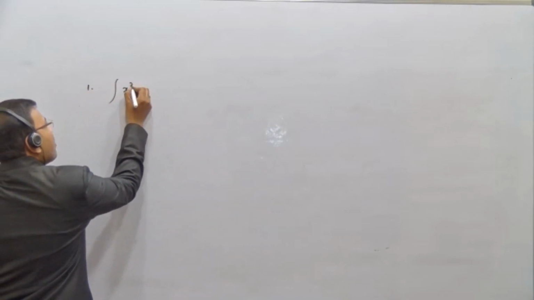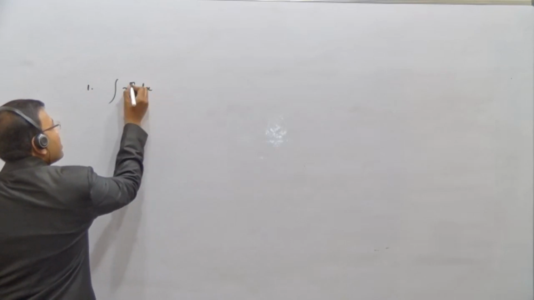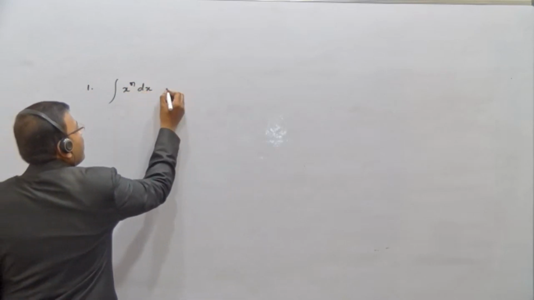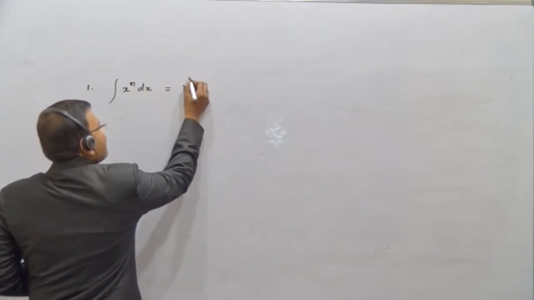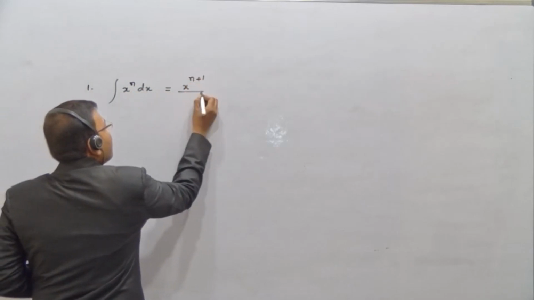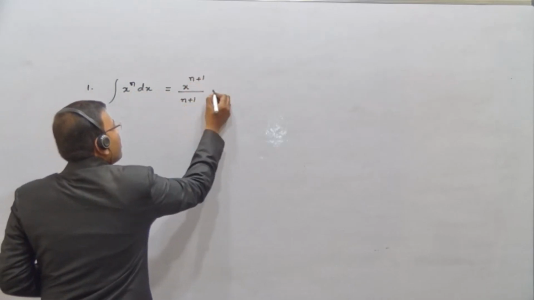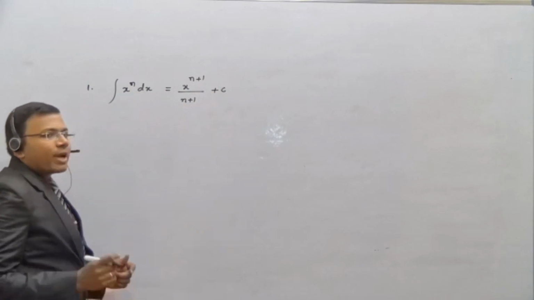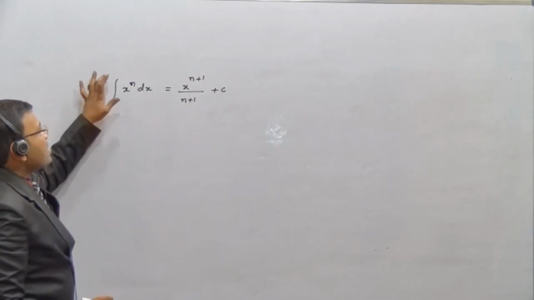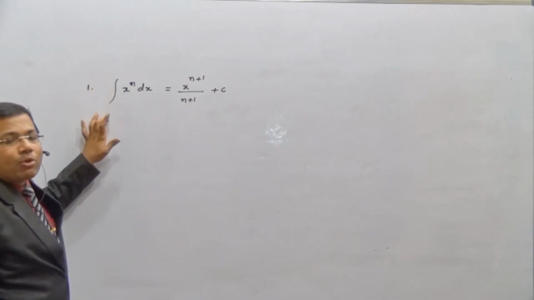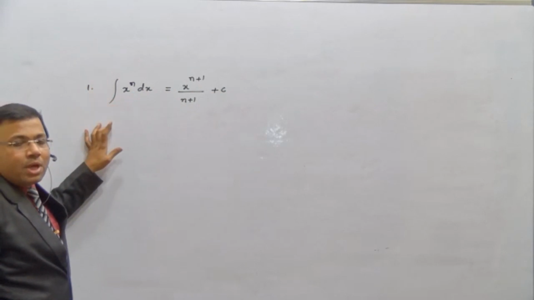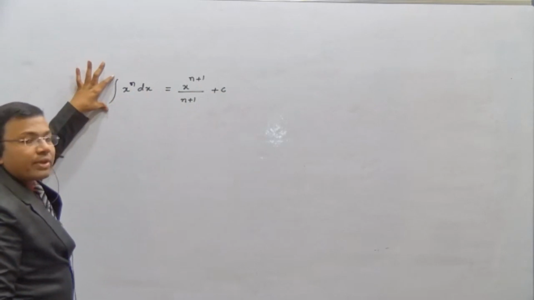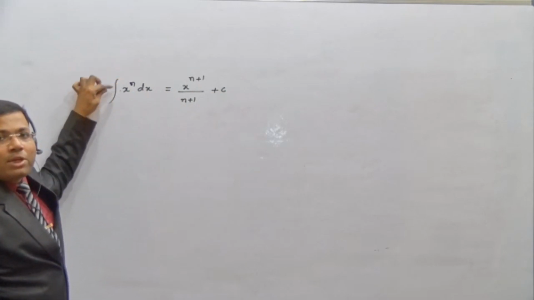Integration of x power n dx is equal to x power n plus 1 by n plus 1 plus c. The reason for writing this plus c is that it is an indefinite integration. I am not giving any boundaries, not specifying any lower limit or upper limit.